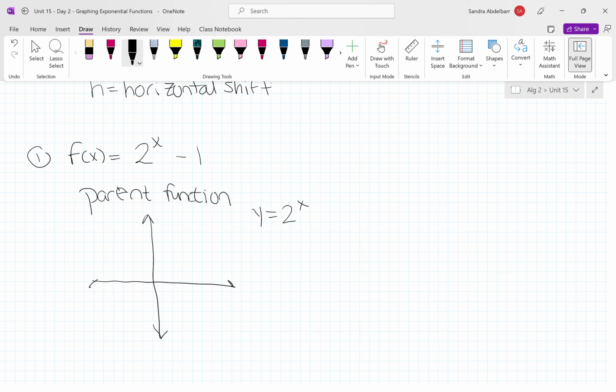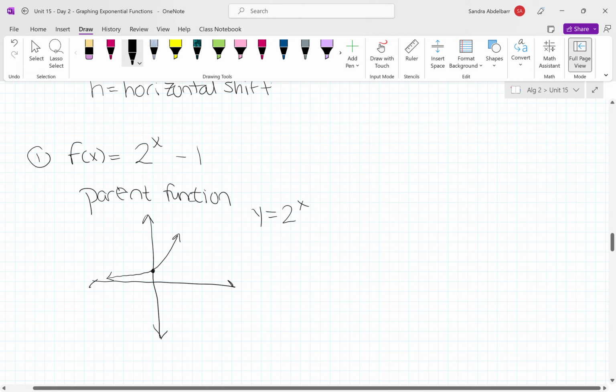And my key point for my parent function is (0, 1), and we have an asymptote at the x-axis. Am I increasing or decreasing for my parent function? Increasing. So do we all agree it looks something like that? All right, but now what's happening?